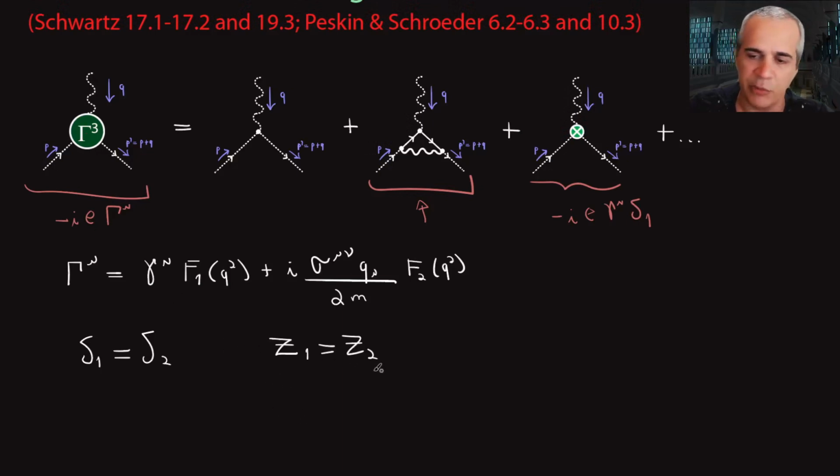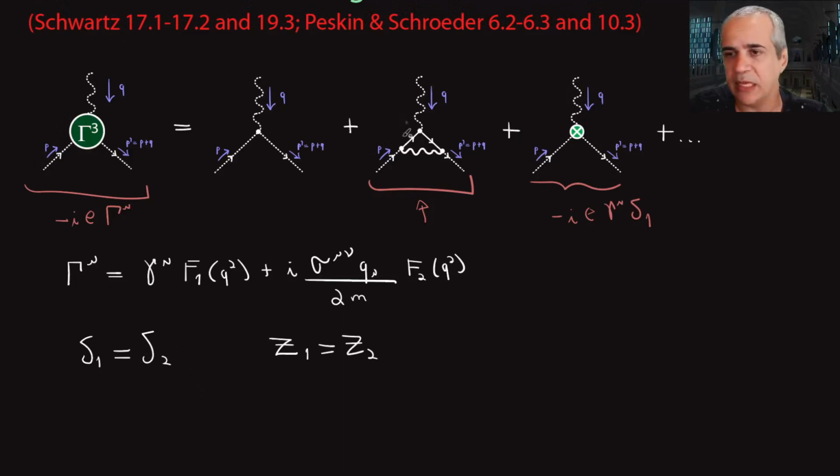Since we already renormalized the electron propagator, we calculated the electron self-energy, we already know delta 2, so we know delta 1, and that's the beauty of symmetries. It allows us to save time.